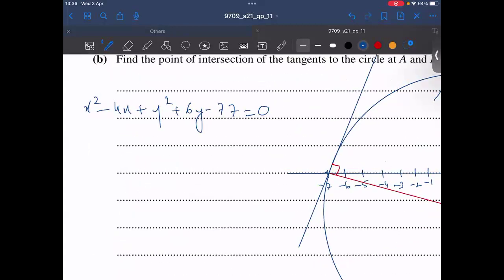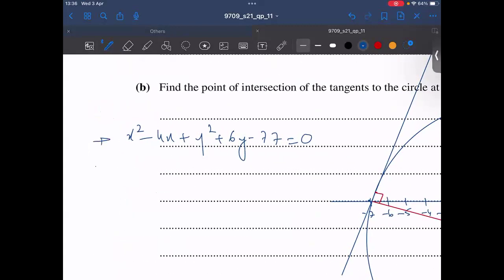So I'm gonna convert this expression into completed square form. It's gonna be 2 pair of brackets, square on both. X is minus 4, is gonna have minus 2. And then again 2 pair of brackets. So I have y, and then plus 6 is gonna be plus 3 and plus 3. Minus 77 equal to 0.